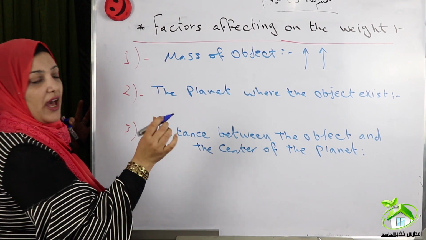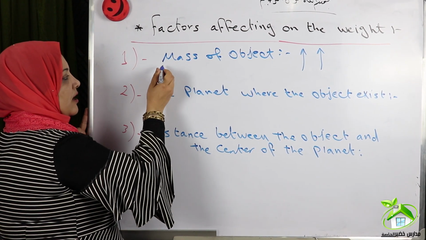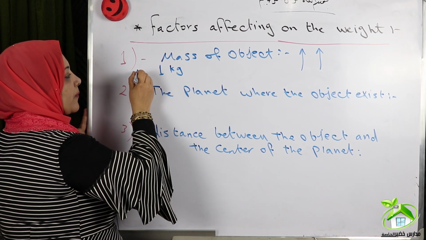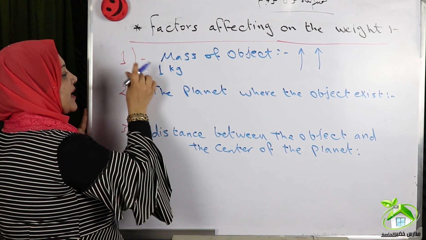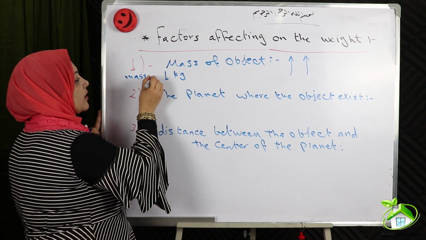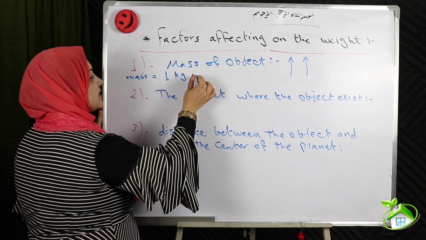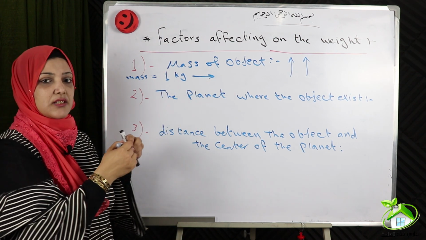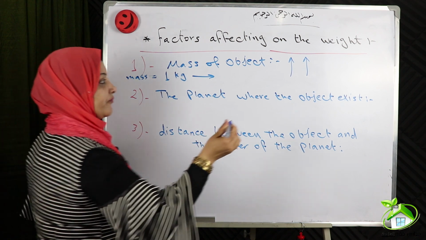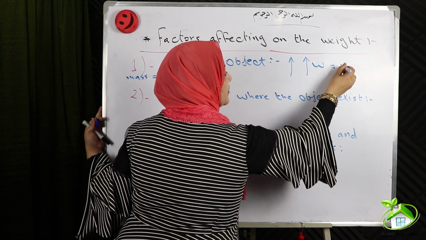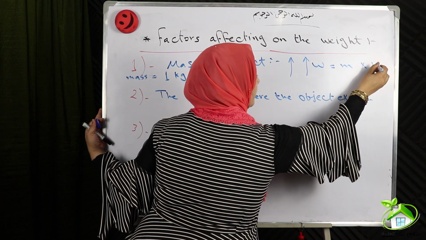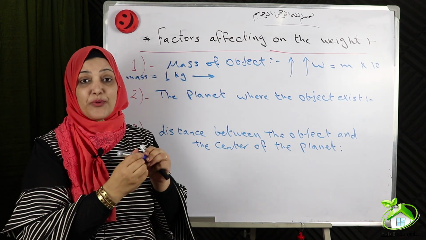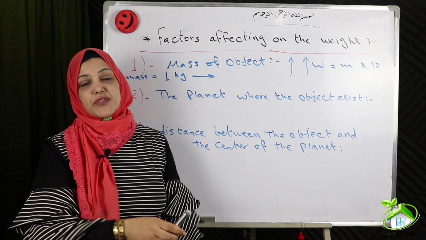For example, we have one object. The object has 1 kilogram. Its mass equals 1 kilogram. What is its weight? To calculate the weight, the scientists discovered that the weight equals the mass times 10.